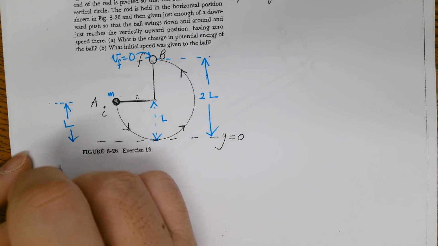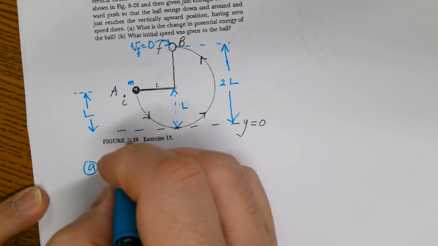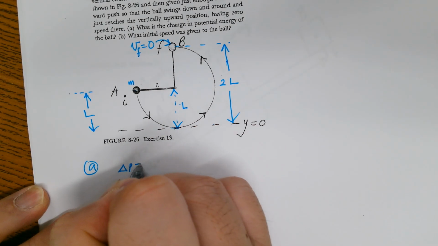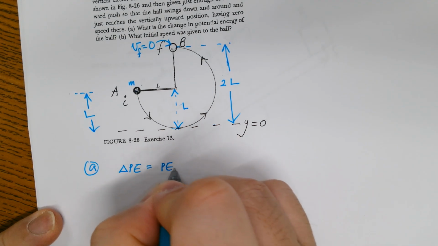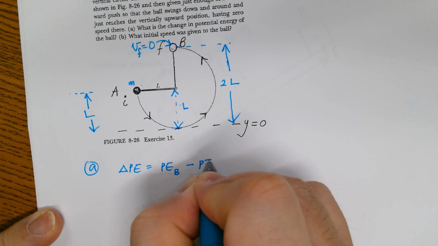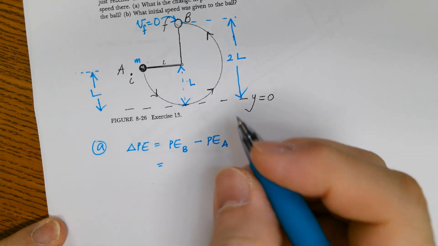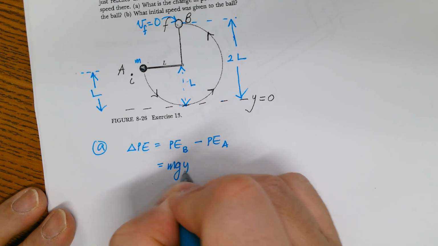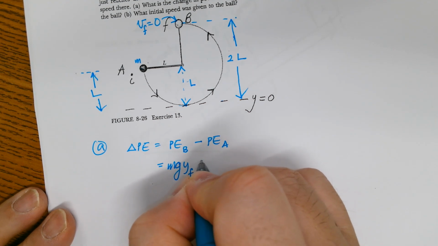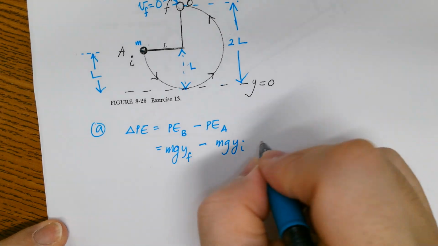So for part A, what is the change in potential energy? Change in potential energy is potential energy at B minus the potential energy at A. And that is mgy final minus mgy initial.